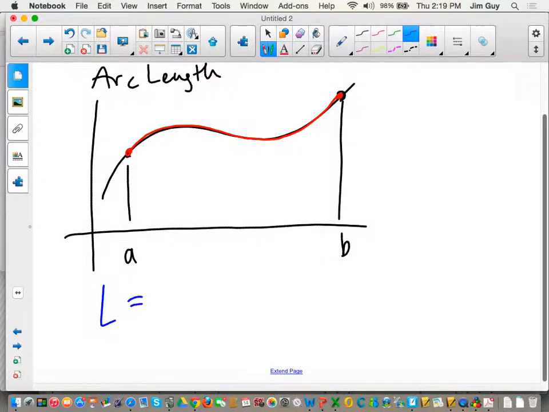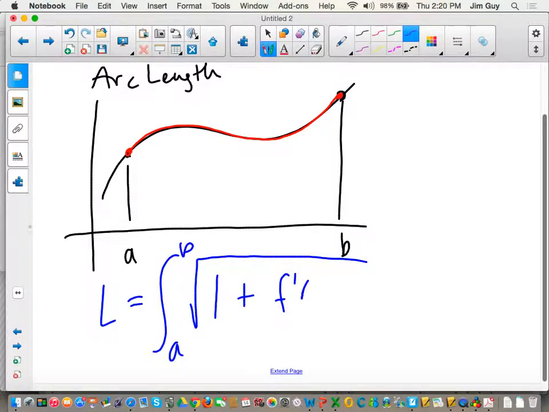The length, L for length, is equal to, of course we're using a definite integral, that's what the whole chapter is on, applications of integrals. And we're going to go from A to B of the square root of 1 plus f prime of x in parentheses squared dx.